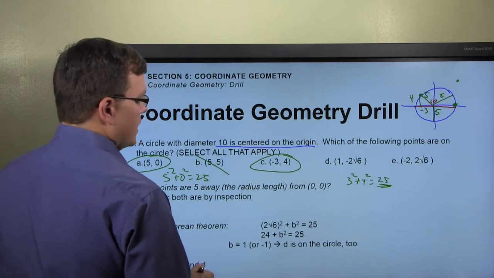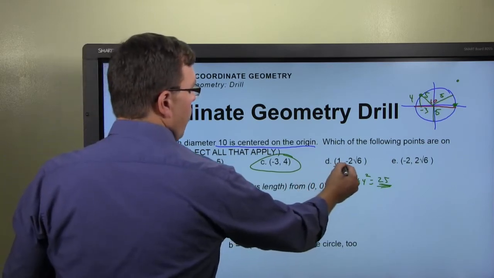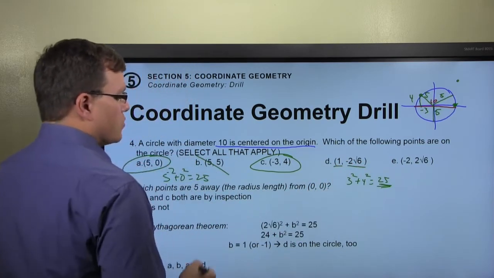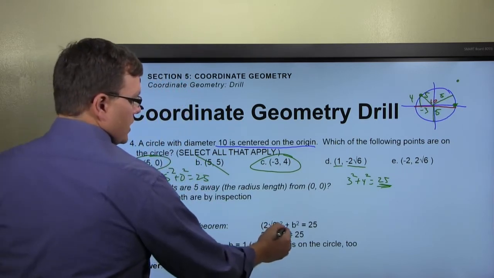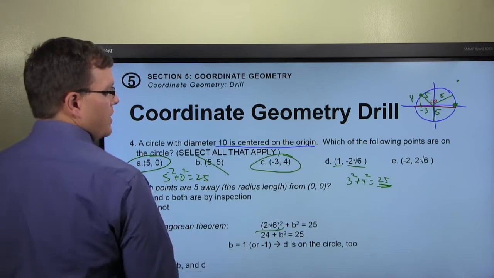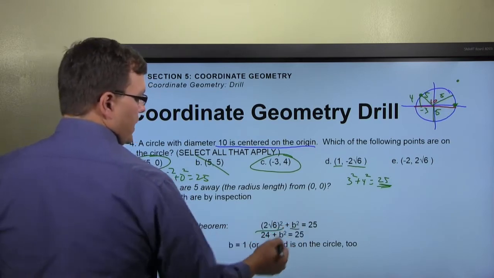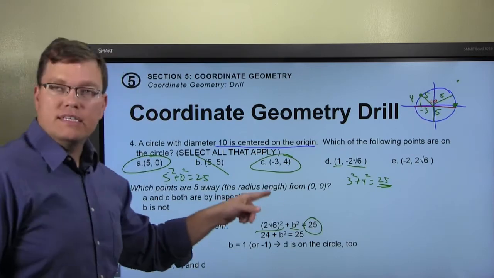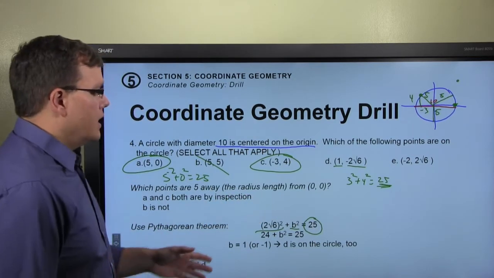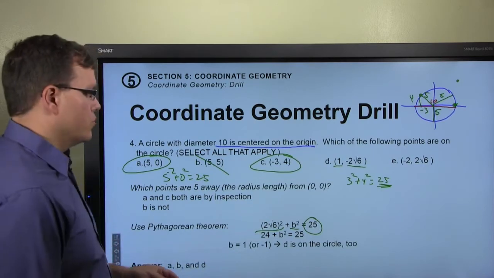So we have D, which is (B, 2 root 6). The distance from the origin is 2 root 6, we square that, and then whatever B squared is, it has to equal 25. This is going to tell us which point is acceptable to pair with 2 root 6.